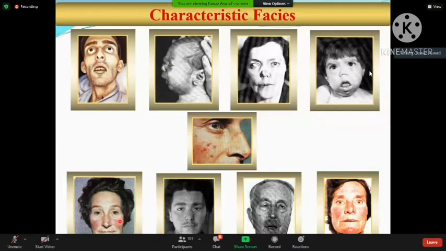We go to certain laboratory tests in order to differentiate whether there are other causes. These are the most common characteristic features of the face that the dentist is going to notice during the examination.